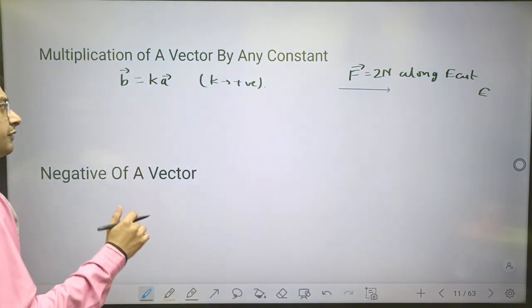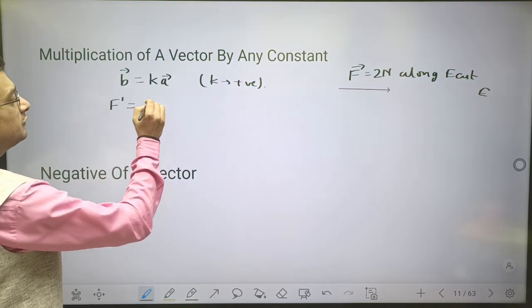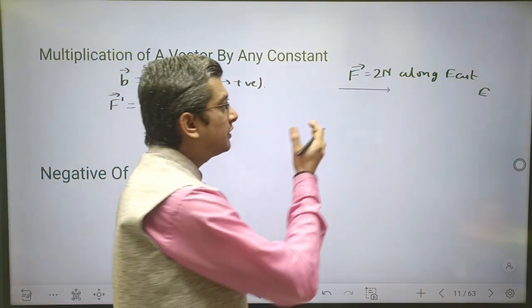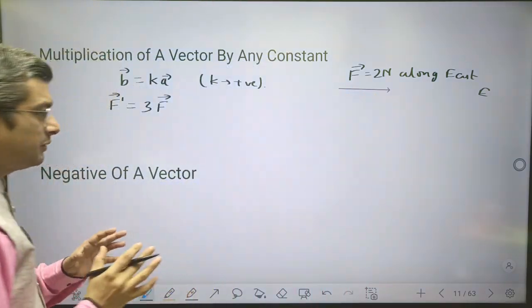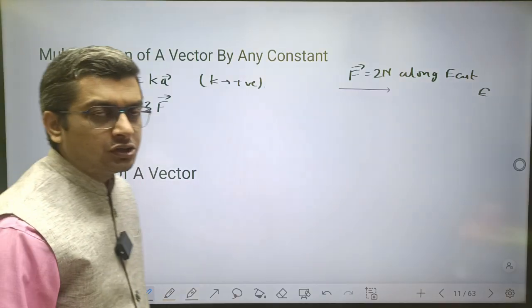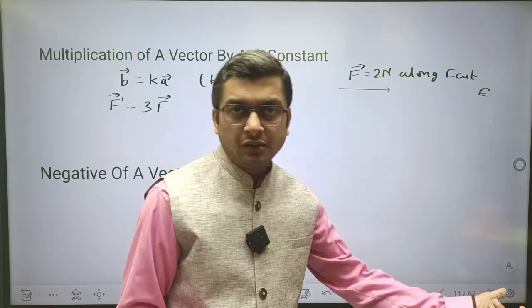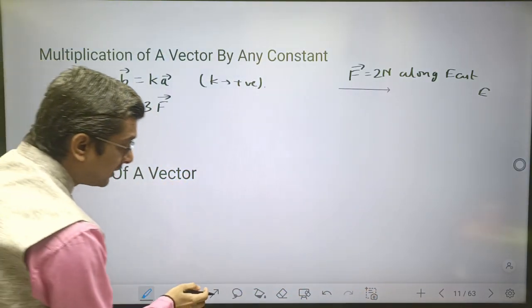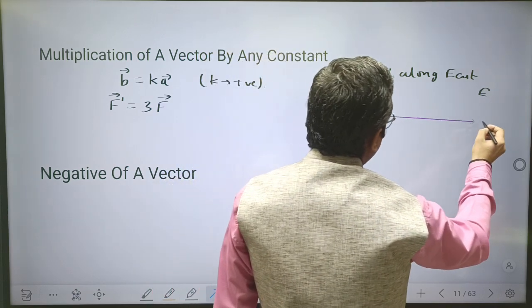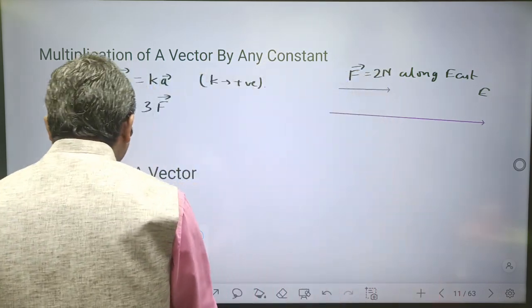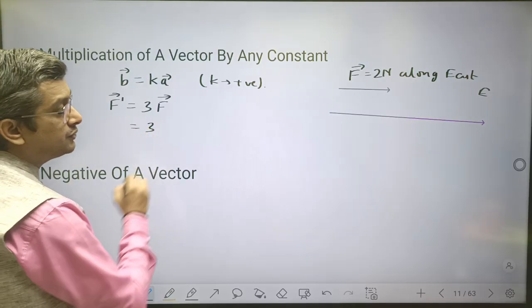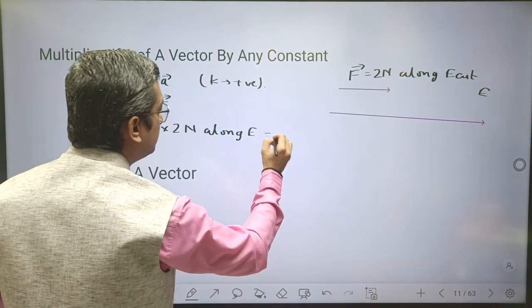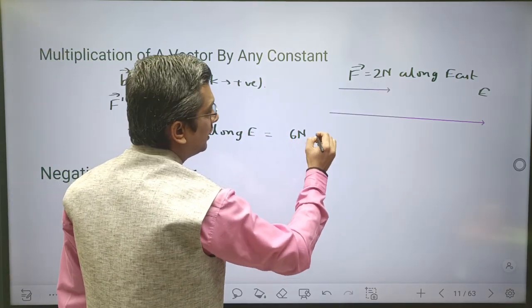Now if I represent another vector F dash, which is 3 into F vector, what change does it make? The very first thing to keep in mind is that this 3 is a numerical value, so it will change the magnitude of the vector, but it doesn't change the direction. So the direction of F dash vector and F vector will remain the same. The magnitude will be 3 into 2 Newton, which is 6 Newton along east.